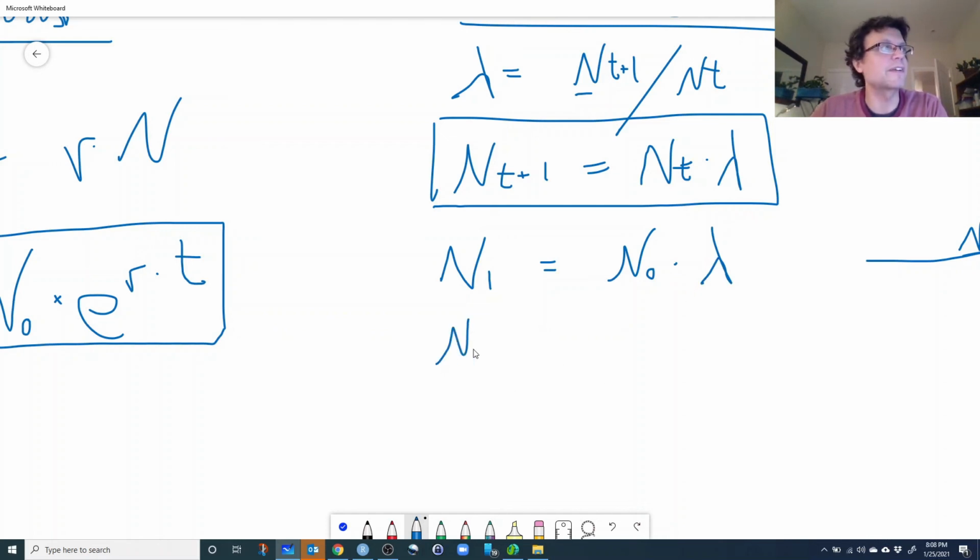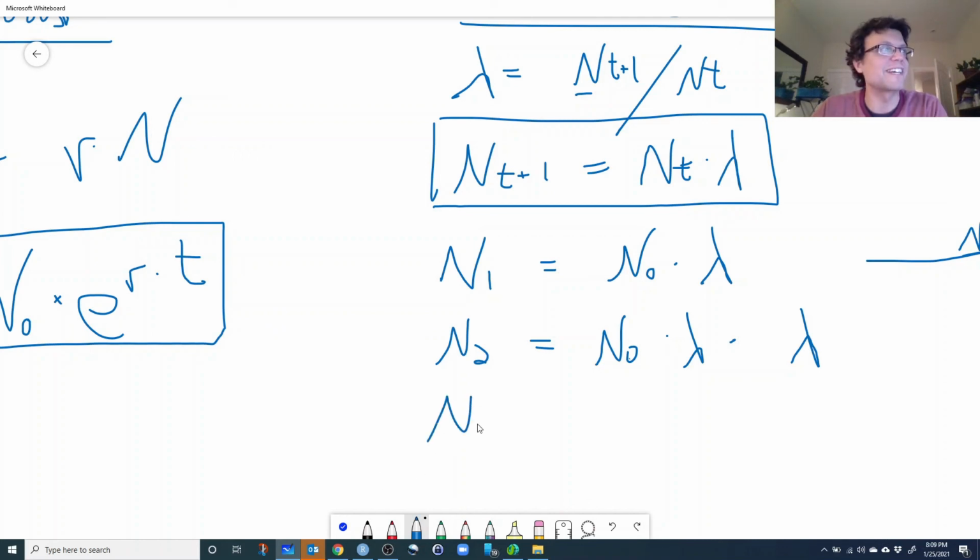So we can say, okay, population size at time 2 is equal to the population size at time 1 times lambda, right? But the population size at time 1, we've already defined it, so we can replace that with population size at time 0 times lambda. So the population size at time 2 is the population size at time 0 times lambda times lambda.